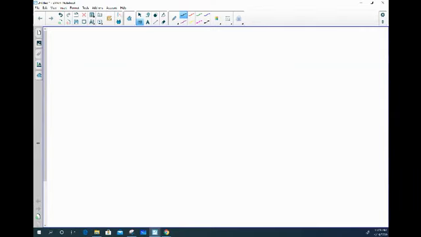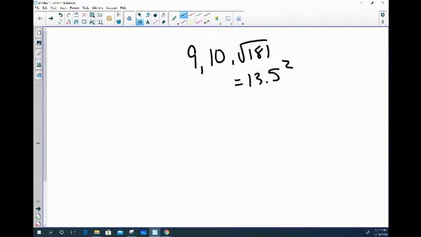What if I'm given these numbers? 9, 10, and the square root of 181. Well, I don't know the square root of 181. I don't know what that number is, so let's find out. So plug it into my calculator. Second, square root 181. I get that it's approximately 13.5. So these are in order. That's a good thing. So we'll square, but we're going to square the square root of 181. And then I get 9 squared plus 10 squared has to equal the square root of 181 squared.